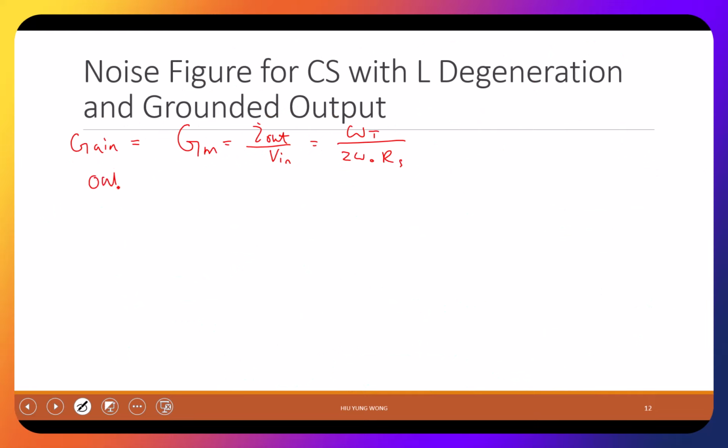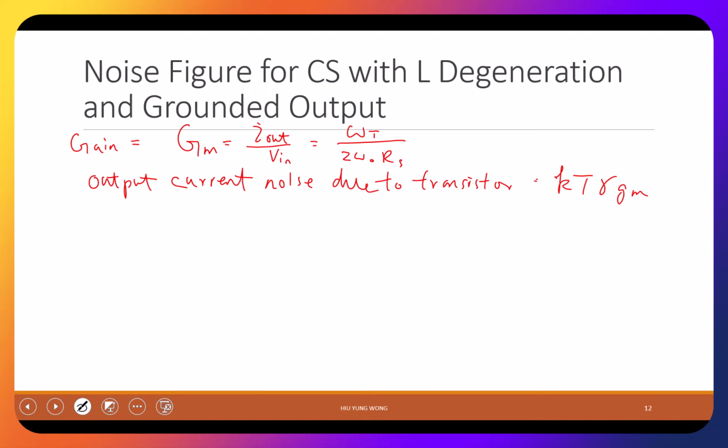Output current noise due to the transistor is what? Instead of 4KT, it is KT gamma GM. Okay?